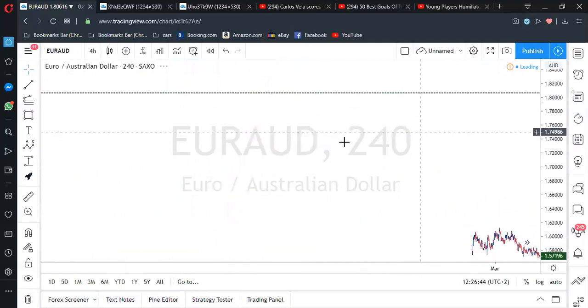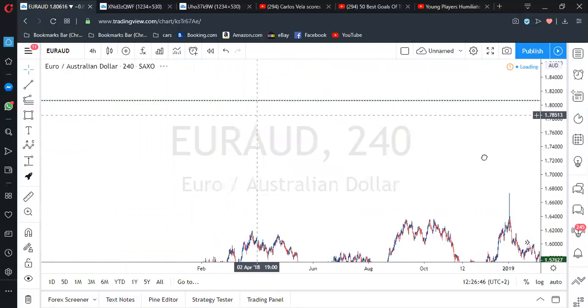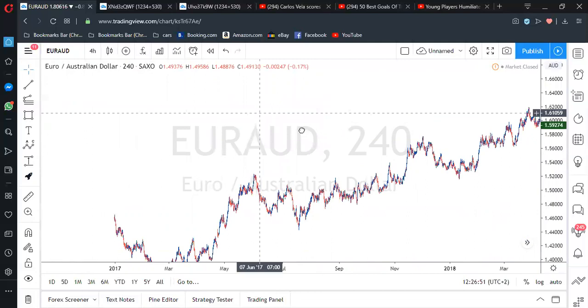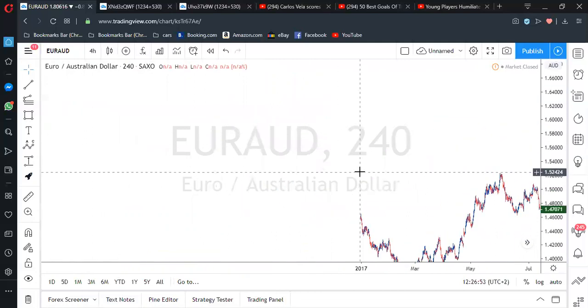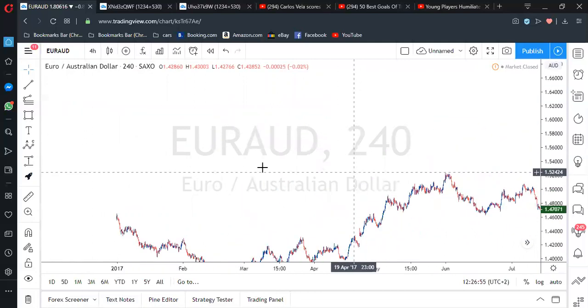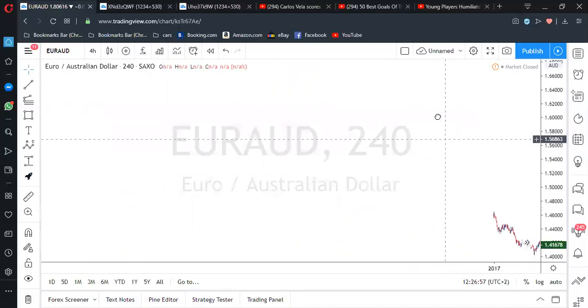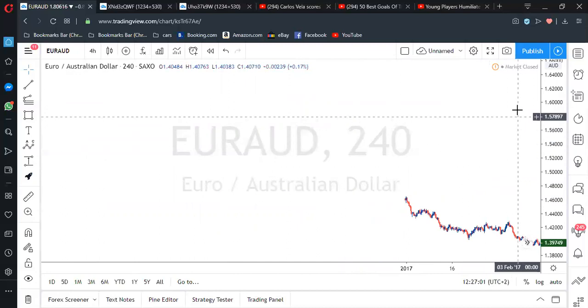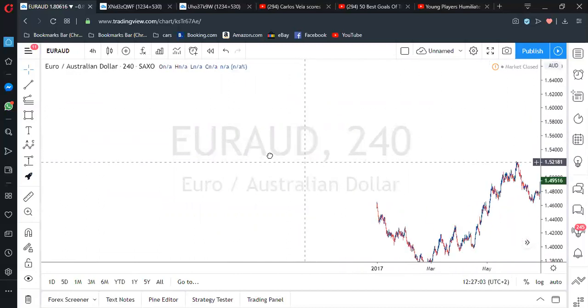Let me try and zoom that. Where is that? Sorry, my computer is taking long to recover the information.